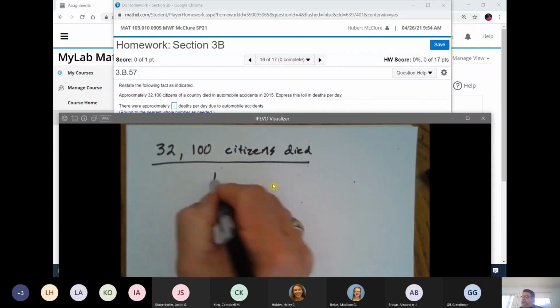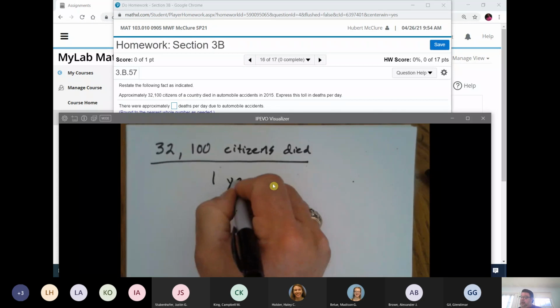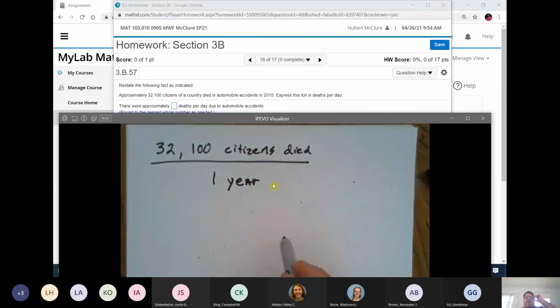Over 1. Okay, since they didn't give us per, and that says per, is that 1 year? See, now this is where they get vague. In 2015, so that'd be 1 year. They should say, instead of 2015, in 1 year.